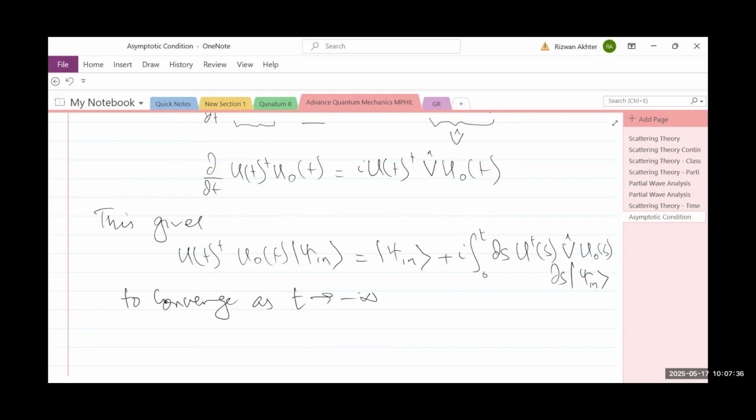So this is basically known as the sufficient condition. That is, the norm of the vector in the second term goes to 0.